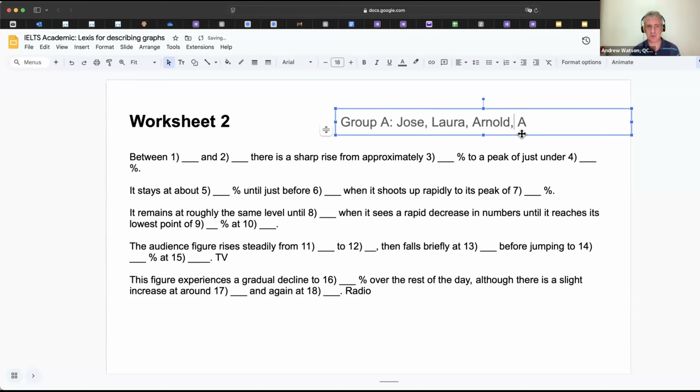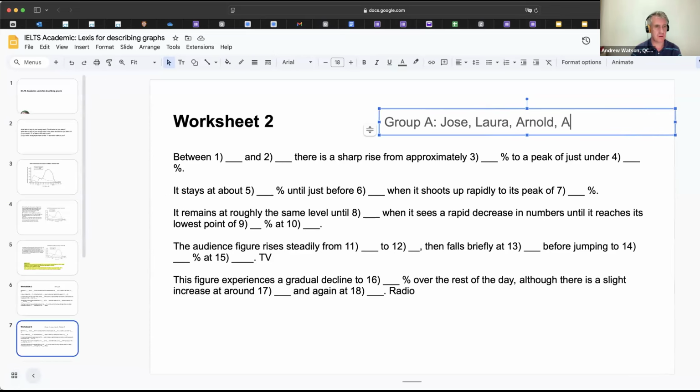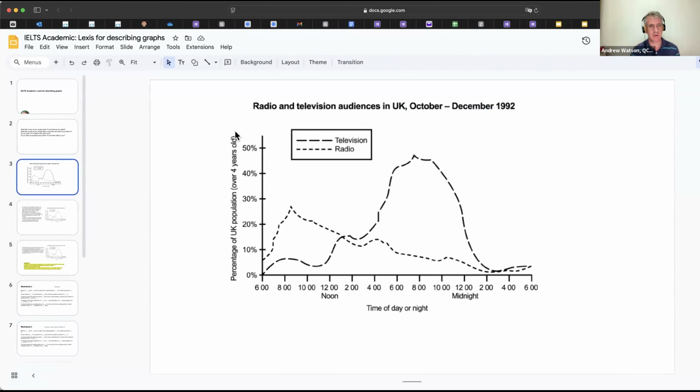What about the first one? Between blank and blank, there is a sharp rise from approximately 3 to a peak of just under 4. Do we need to look back on that? Maybe if I show you, I'll give you the screenshot.